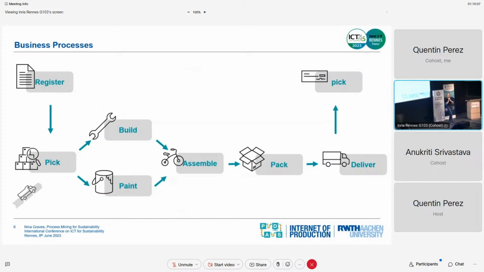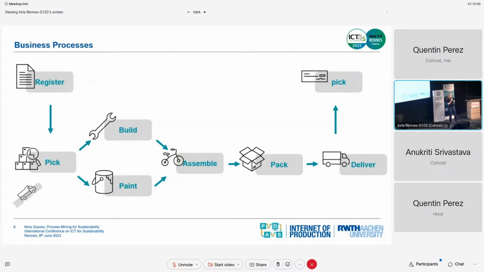As I already mentioned, I'm from Aachen and I do process mining. So let me tell you about process mining. The cool thing is that we don't have to model and ask people about how this process works, because experience in the past has shown that we don't get realistic models if we just ask people, so what do you do then?